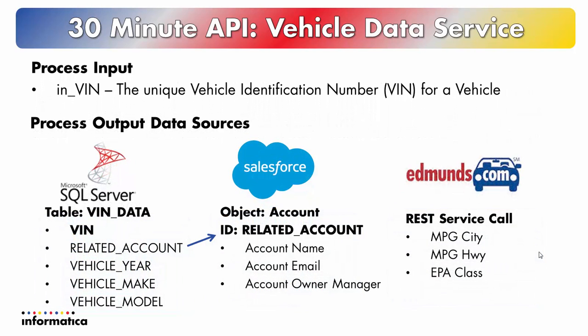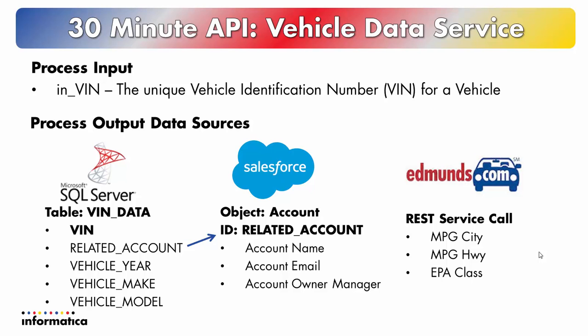Just to go through, our process input is going to be the VIN, or the unique vehicle identification number for a vehicle. And then our output data sources, once again, are going to be SQL Server. We've got a database table called VIN data that's got some information related to a VIN number, the related account, which is a Salesforce account, and the vehicle year, make, and model.